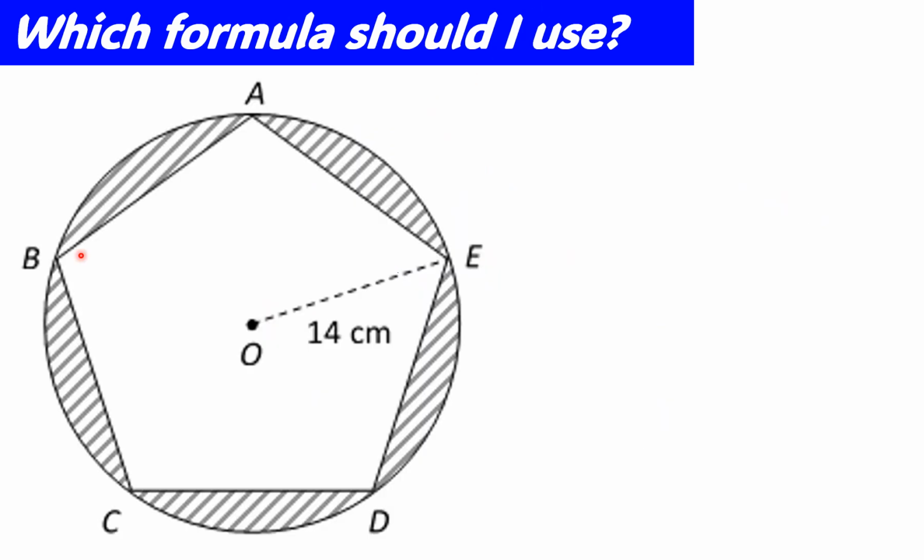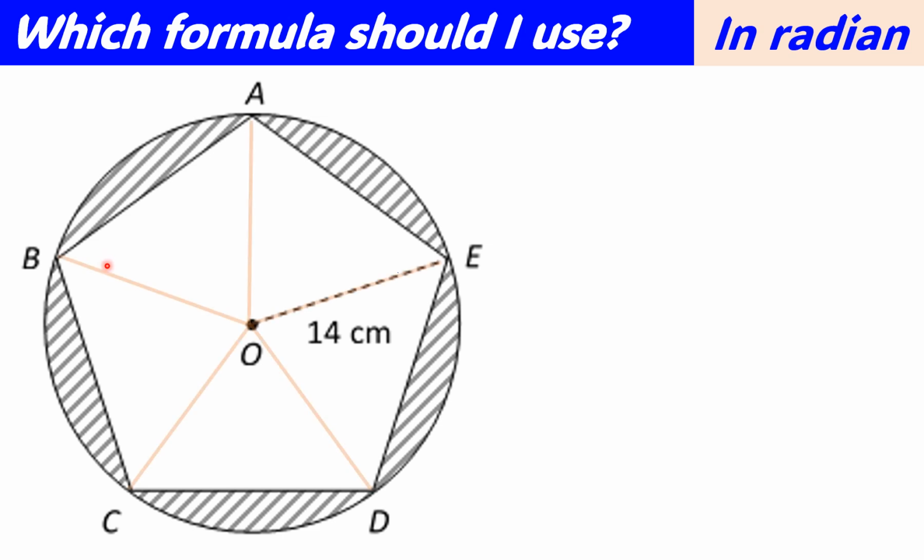Okay, now let's take a look at the next example. In this case, the diagram that we see here is slightly more complicated than the other two that we have seen earlier on. For practice purposes, we shall apply the formula in radian mode. Over here, what you can observe is that we see a regular pentagon. For this pentagon, I can divide it into 5 equal parts.